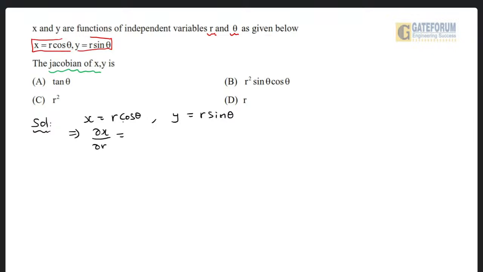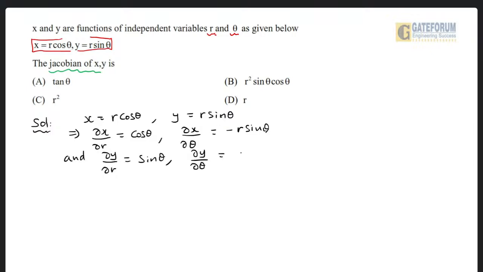With respect to r, partial derivative theta constant, so cos theta, dou x by dou theta. With respect to theta, r constant, minus r sin theta, and dou y by dou r, this becomes sin theta, r derivative 1, sin theta constant, dou y by dou theta, r constant, sin theta derivative cos theta.